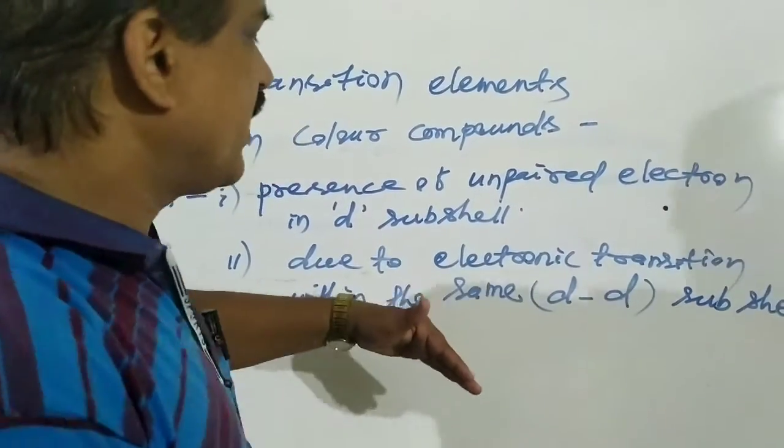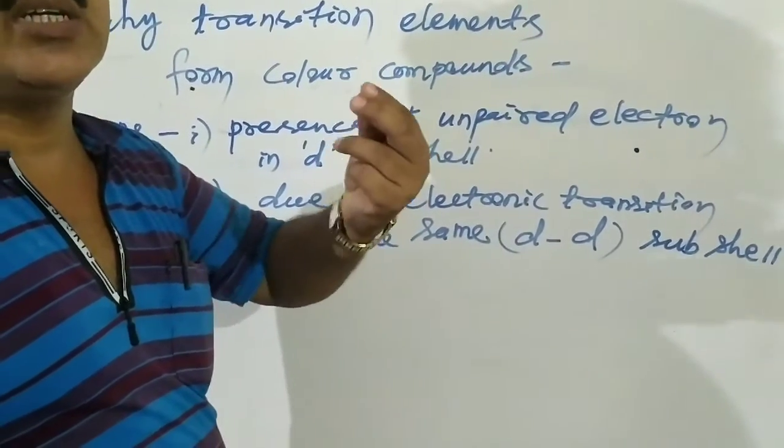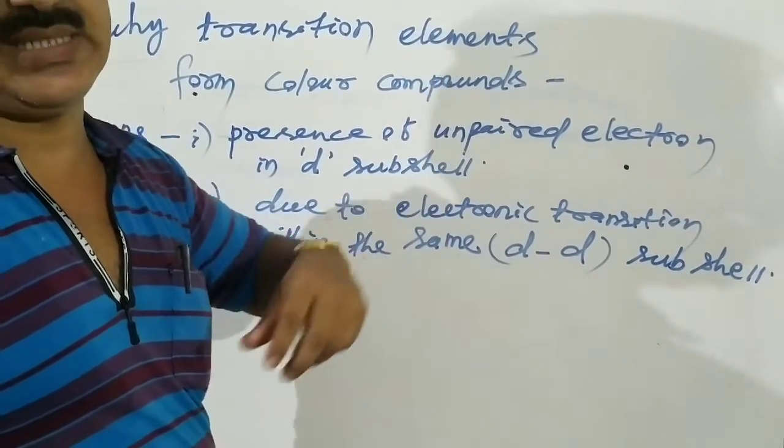For example, if it absorbs all the colors, it will look black. If it transmits all the colors, it will look white.